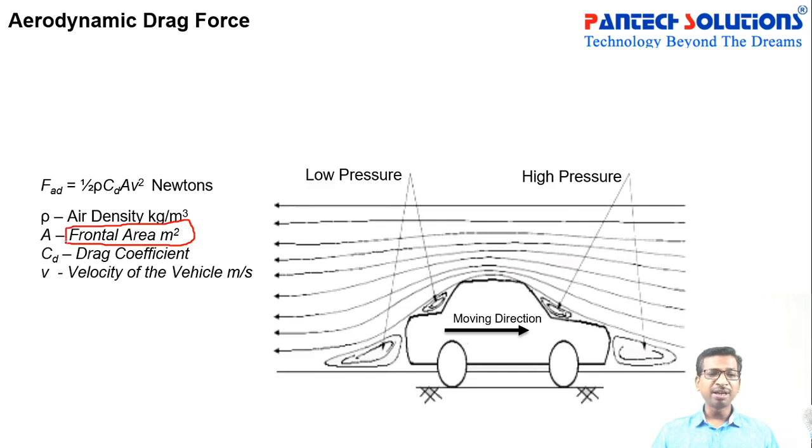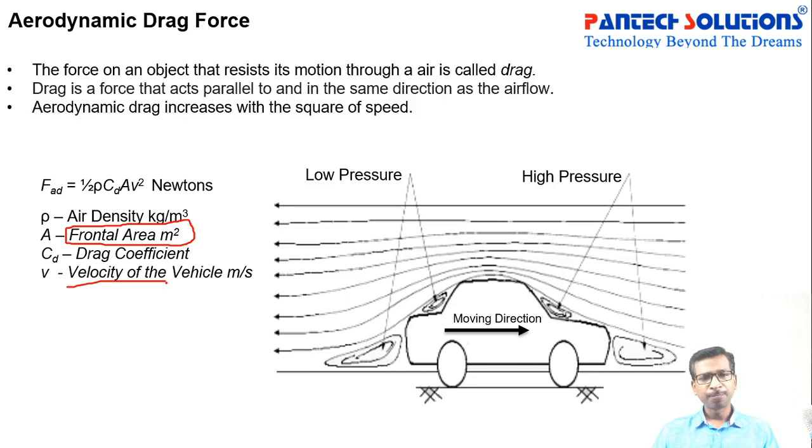If your vehicle's front is a flat surface, this force increases, and then obviously you need more power. So as much as possible, you should reduce this value, so that you can reduce the motor power. And then the maximum velocity of the vehicle. If you know these details, we can calculate the aerodynamic drag force.